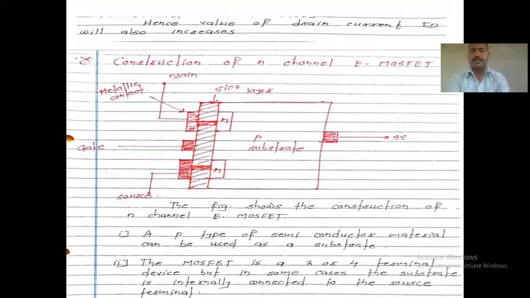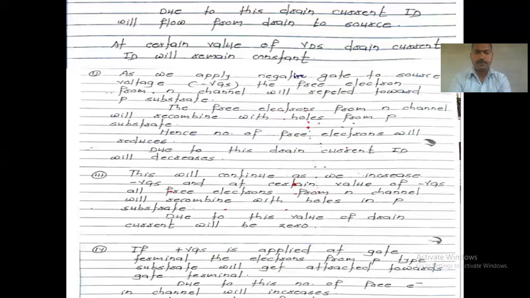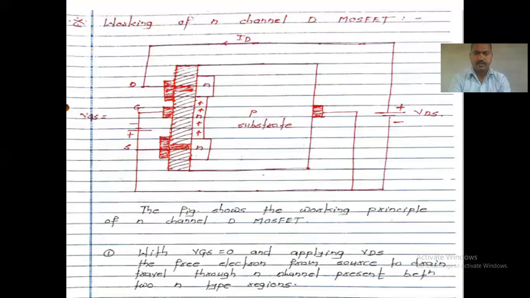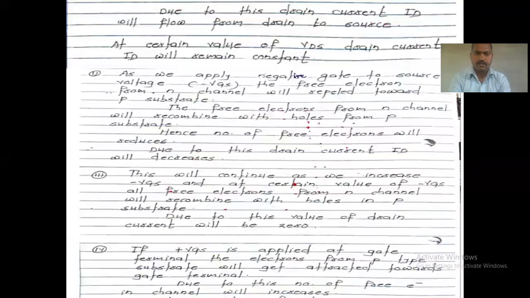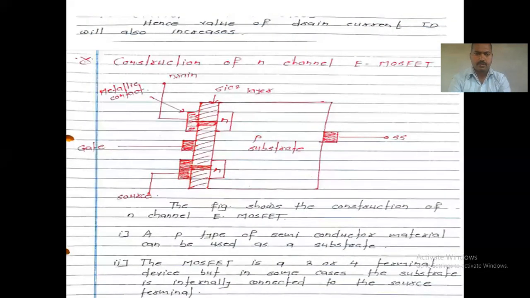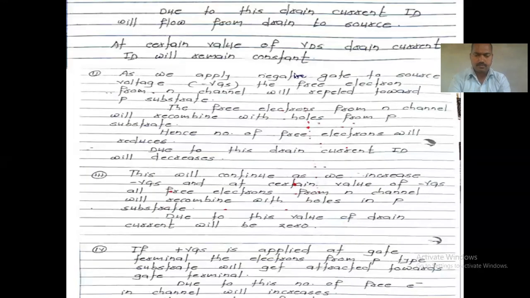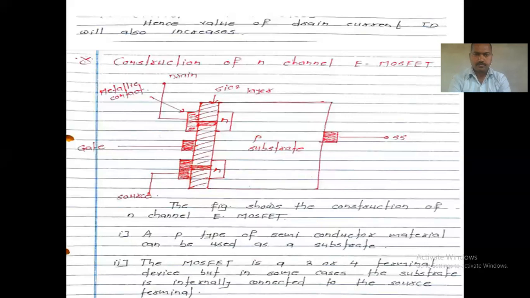See the construction of N channel E MOSFET. See, in case of D MOSFET. Now I am just introducing, I'm not telling more because it requires a long explanation.